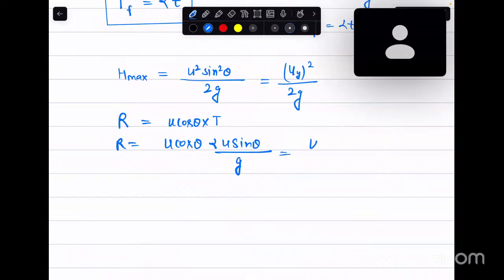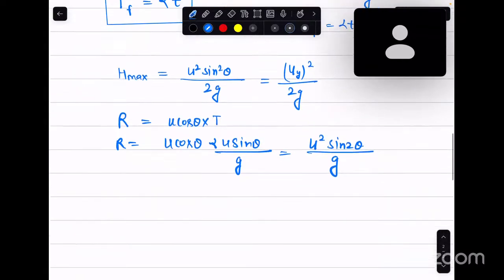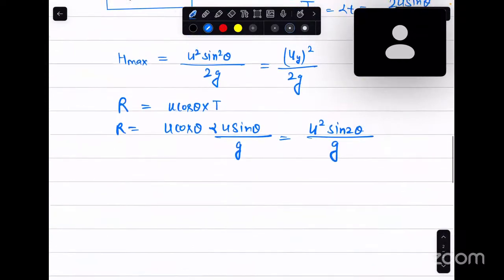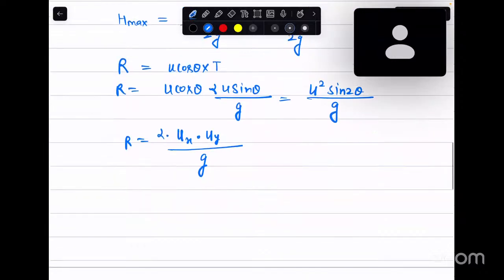So if you arrange it, it will be u square sine 2 theta divided by g. The formula for the range R can also be given as ux into uy divided by g times 2, which means double the speed of the projectile in x direction and the speed of the projectile in y direction, divided by g.